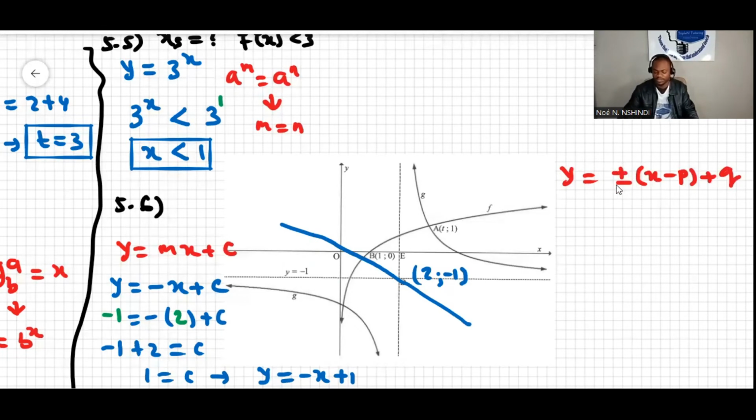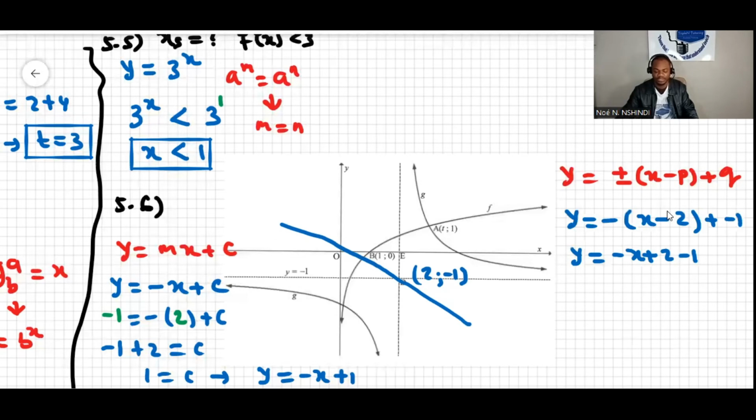So now, negative gradient, therefore it will be y equals minus, open bracket, x minus p, which is 2, close bracket, plus minus 1. Now this will make y equal to negative x plus 2 minus 1, because when you drop the brackets, this will make negative x, and then negative here will make plus.